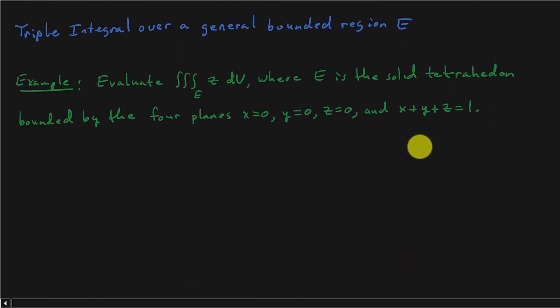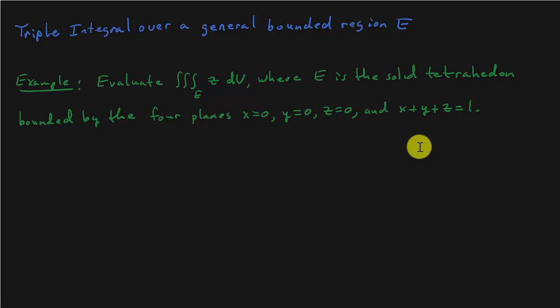All right, so let's look at this. Triple integral over a general bounded region E. Okay. So let's look at an example here and see what we've got.